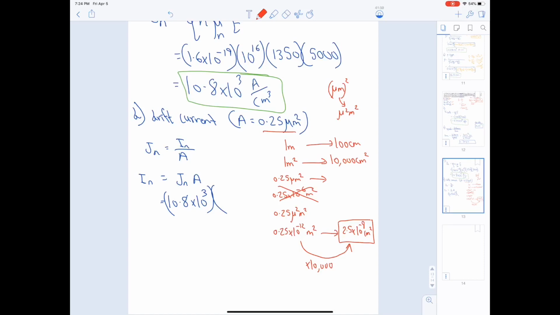Taking this number and plugging it in the main equation will give me 2.5 times 10 minus 9, resulting in 27 microampere. Okay, awesome. We're done for this question. Now we have finished the drift current.